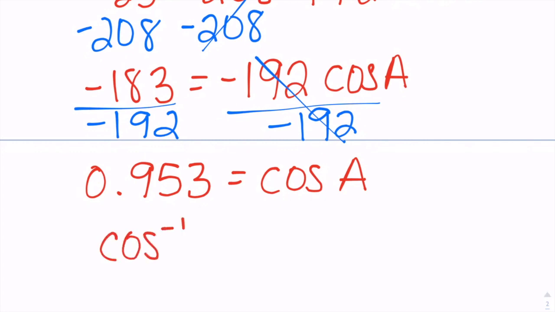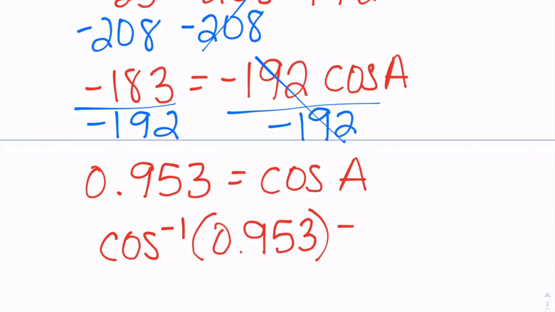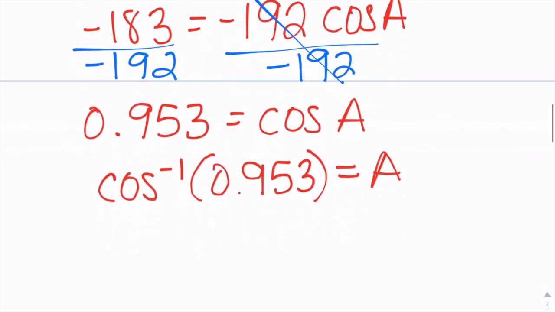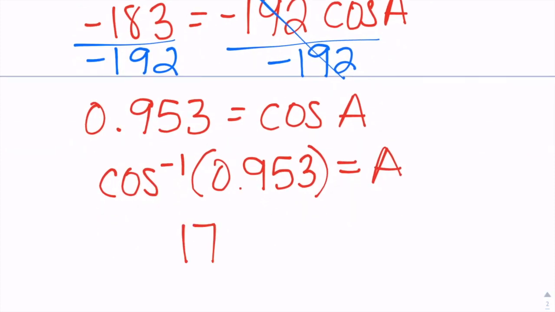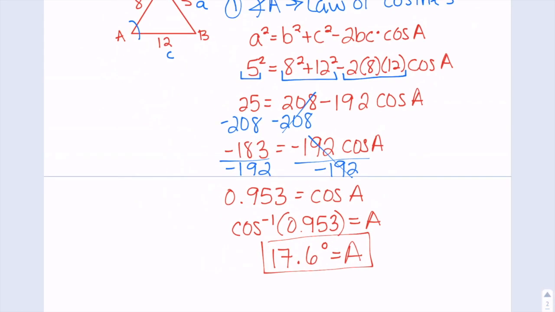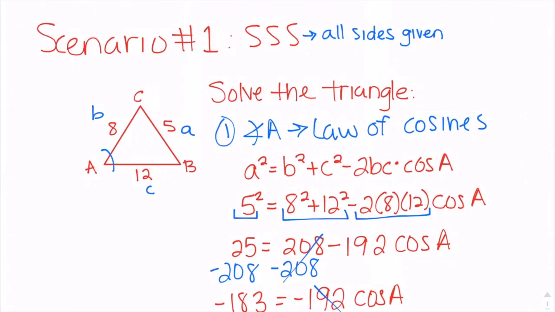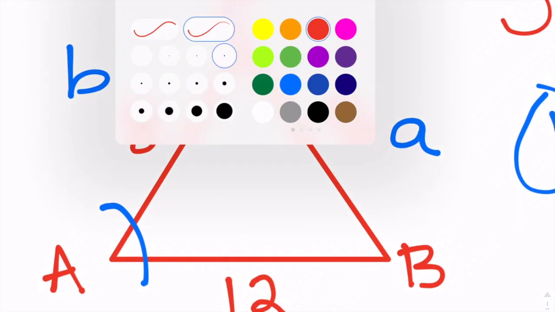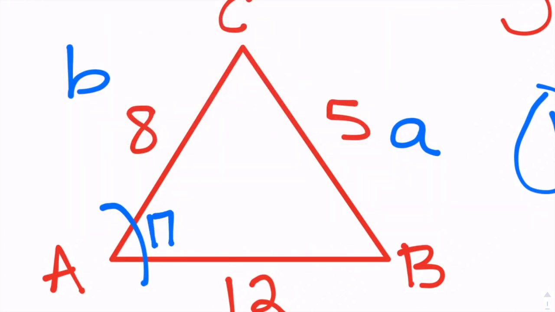So we're going to do cosine inverse of our decimal, and that's going to equal A. We're going to find that A is approximately 17.6 degrees. And so we can then come up here and label angle A as 17.6 degrees.